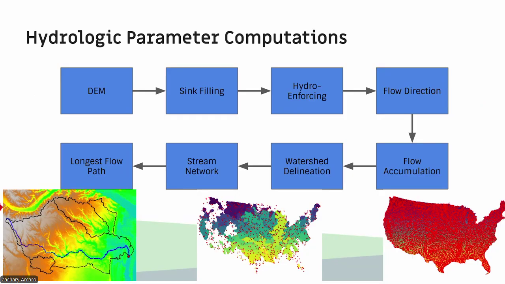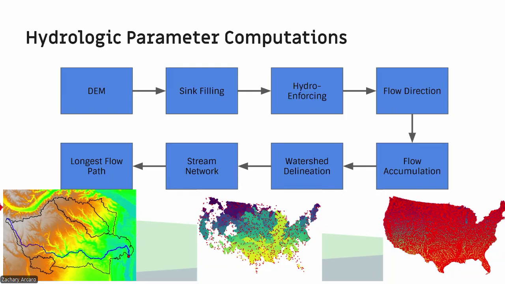So the basic step is you start from a DEM, a digital elevation model, and you sink fill. You remove all these dams because otherwise you cannot really let water flow through these dams or reservoirs. And then you have hydro enforcing, meaning you sync your DEM data with actual natural hydrology by burning your data.